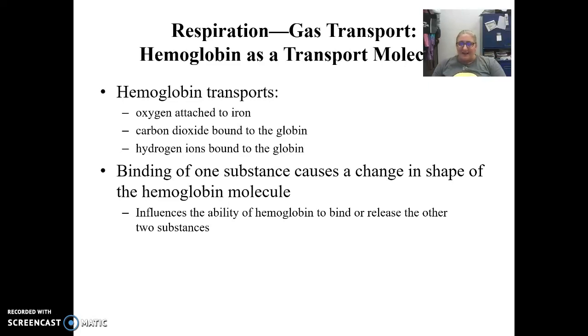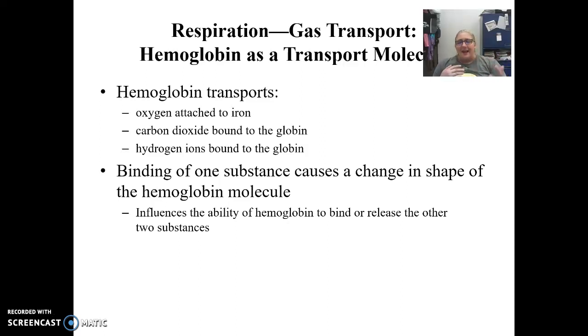And actually the binding of carbon dioxide or hydrogen ions to the globin portion causes hemoglobin to change and release other substances. So if carbon dioxide binds to the globin portion, oxygen gets released.